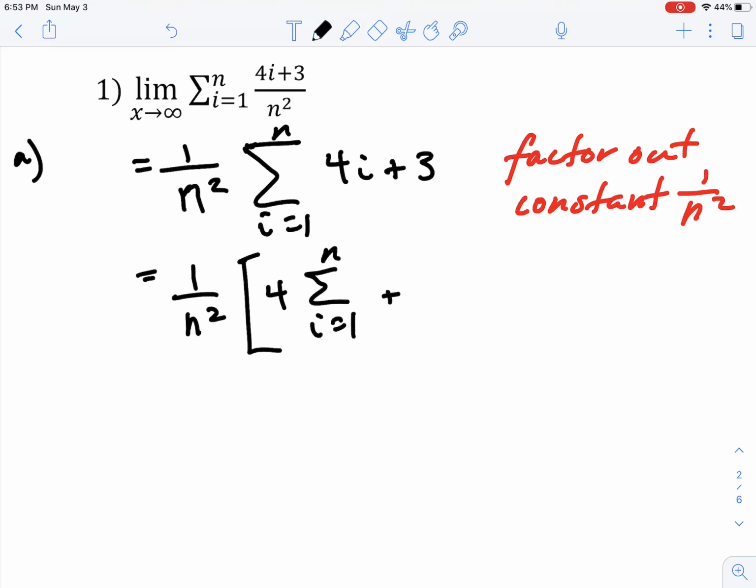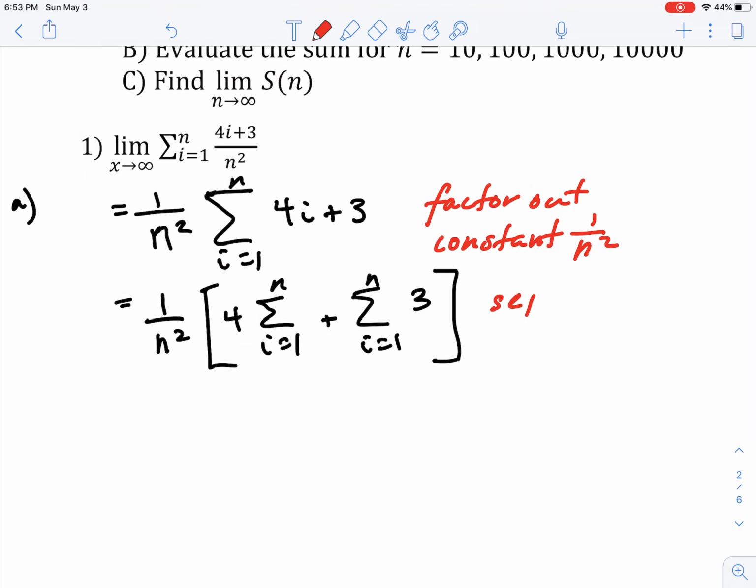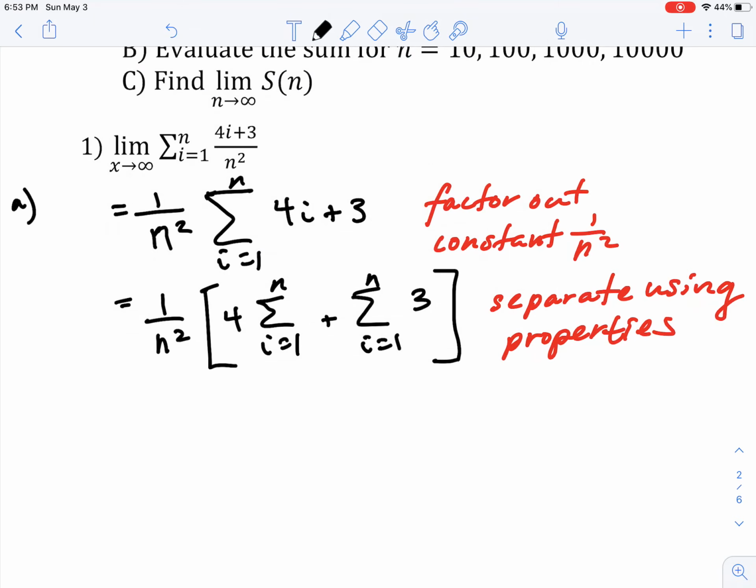Now we've got this summation, i equals 1 to n of 3. All I'm doing here is separating using properties. All right, we're going to continue on now.